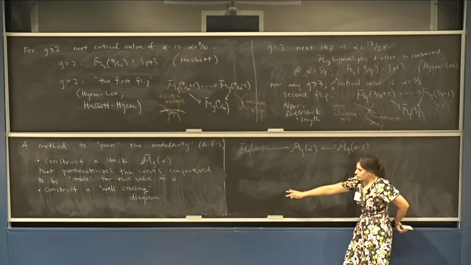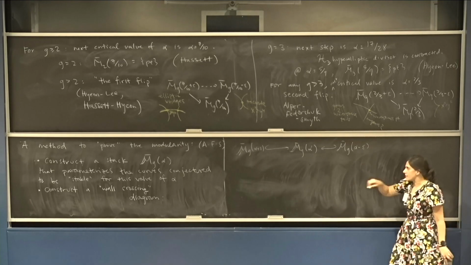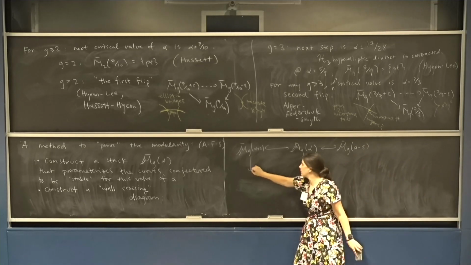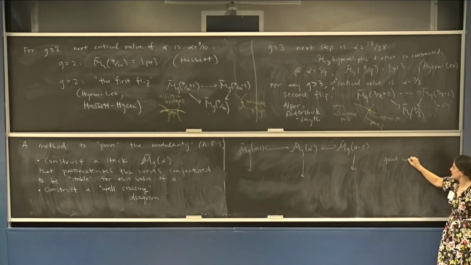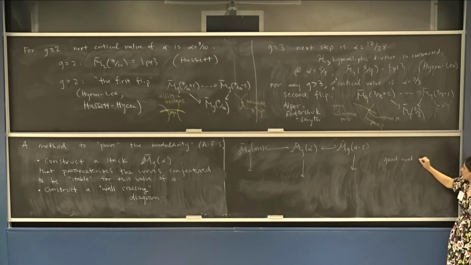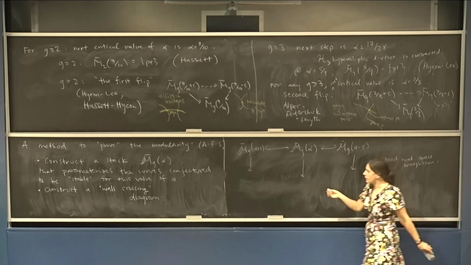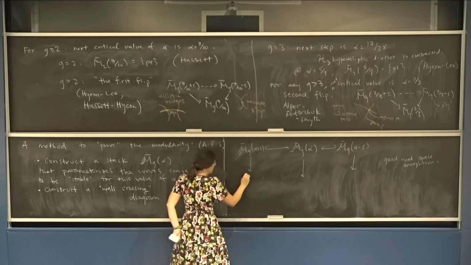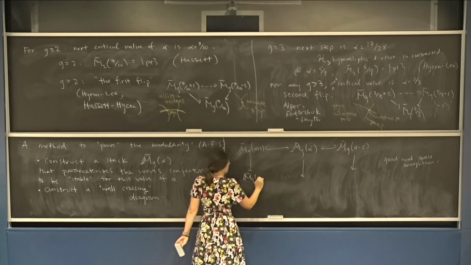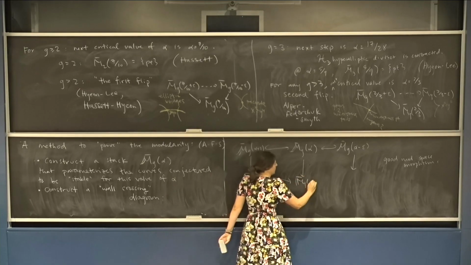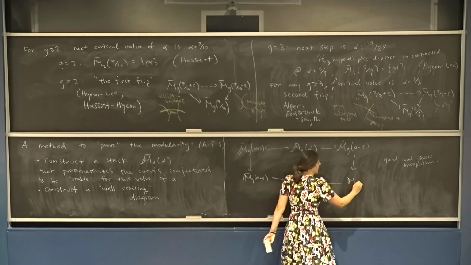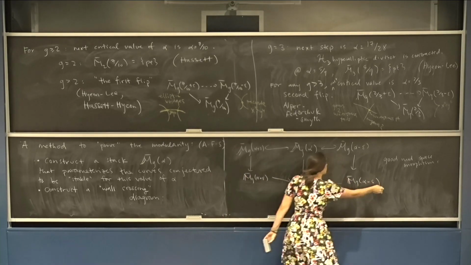And then the wall crossing diagram is to prove the existence of a good moduli space. So all these vertical arrows are good moduli space morphisms to an actual, at least algebraic space, Mg bar alpha plus epsilon, Mg bar alpha, Mg bar alpha minus epsilon.